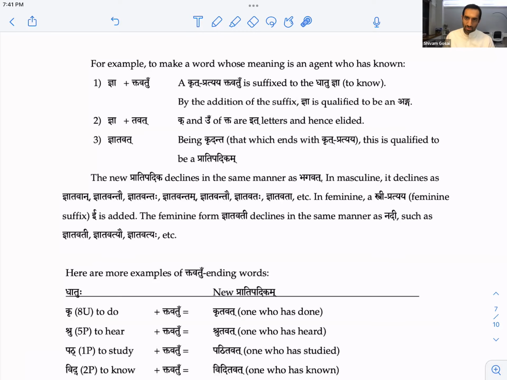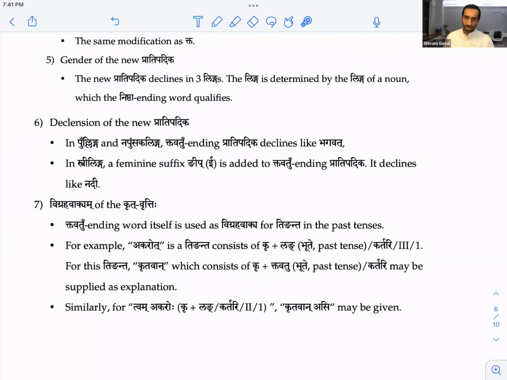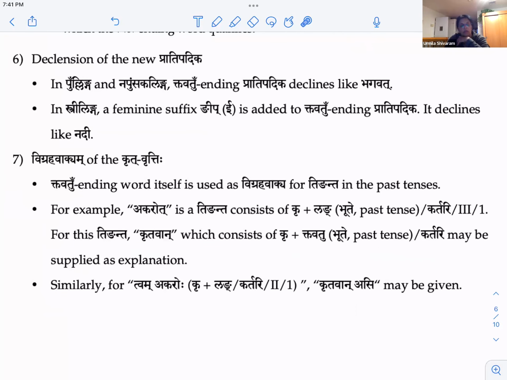Yeah, Urmilaji, go ahead. You can unmute yourself. Why are we using Madhyama Purusha Ekavachana? Normally we use Pradhama Purusha Ekavachana to use a Vigraha Vakya, right? Why are we using Madhyama Purusha Ekavachana? Yeah, we can use either. I think we were just trying to give a different sort of example, that it doesn't have to always be this.